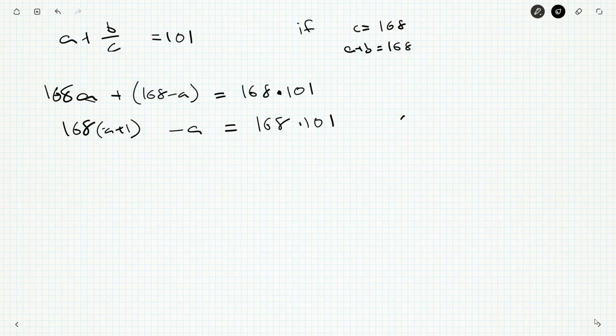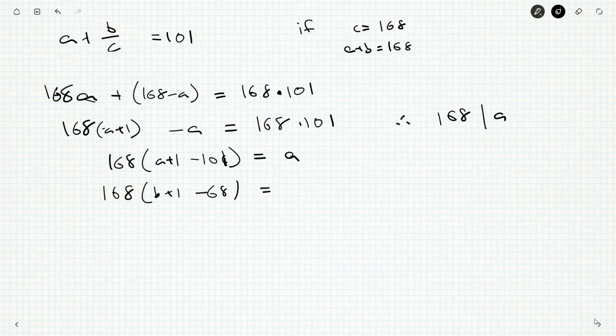But that tells me 168 has to divide A. Because if I just rearrange, 168 times A plus 1 minus 101 is equal to A. So 168 is a factor of A. And likewise, 168 times B plus 1 minus 68 will be equal to B. So 168 will have to divide B. But they both have to add up to 168 as well.